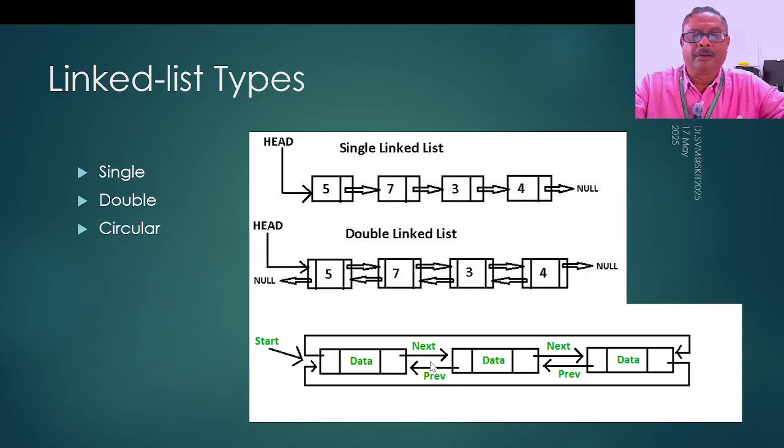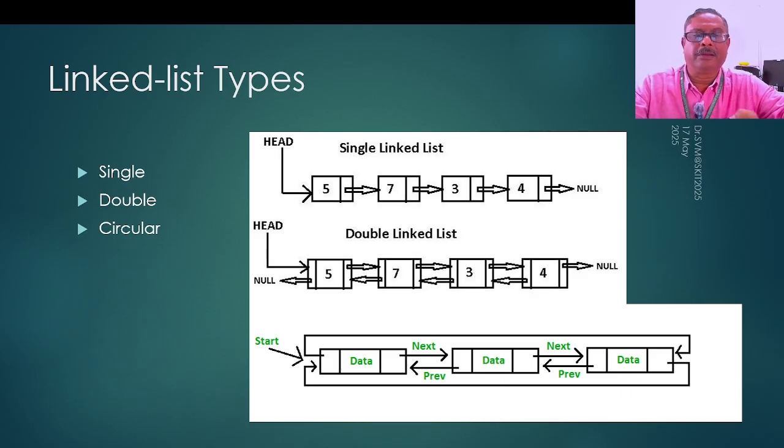That means from data 1 we go to data 2, from data 2 we go to data 3. Then using this forward link we can come back to data 1, or from data 3 we can go back to data 2, then back to data 1. Then using this loop we can get back to data 3, and so on. So we can have these two types of circular linked list, using a singly linked list or a doubly linked list.